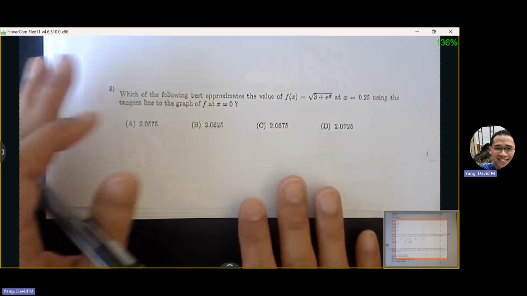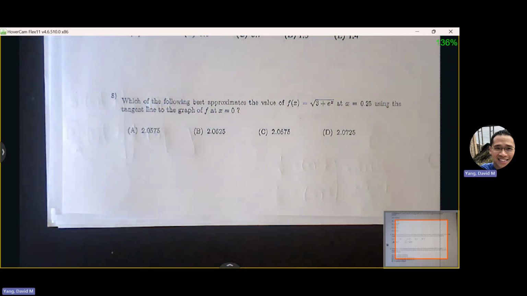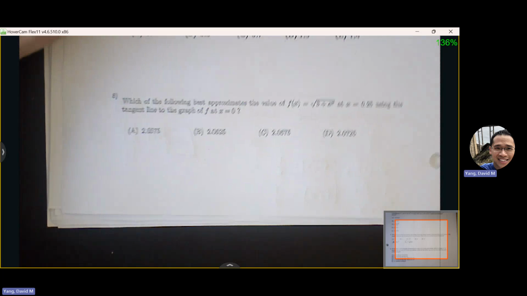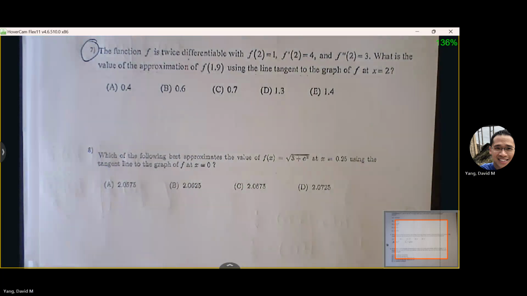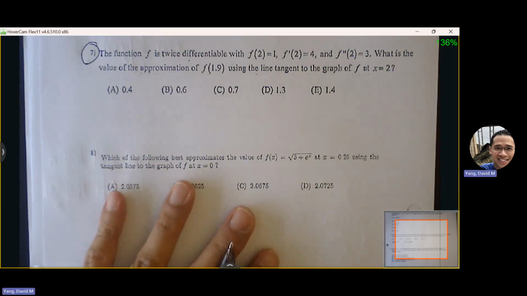Linear approximation. I think we've seen a lot of this more recently because of all the FRQs that we've done. So we're going to build our tangent line equation. And then once we have our tangent line equation, we just plug the decimal into that tangent line equation. So let's just do it. Example 1, number 7 on page 14.